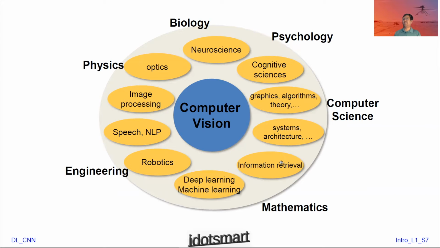When we talk about computer vision, we need to utilize knowledge from different subjects: mathematics, engineering, physics, biology, psychology, and computer science. We try to solve problems like pattern recognition and image analysis, and implement some automated processes.